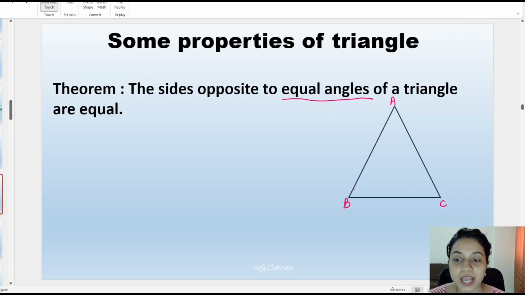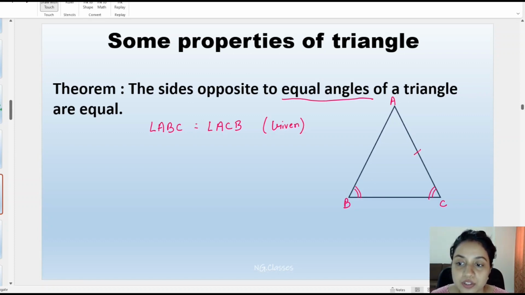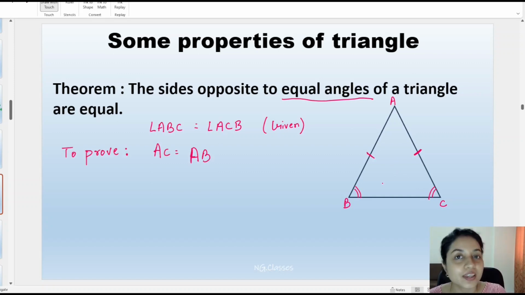Here we have angle B equal to angle C, which is already given in the theorem. So let's write it. Angle ABC is equal to angle ACB. That is already given. And we have to prove that the side opposite to equal angles, that means side AC, must be equal to side AB. Now here also we will do the same construction as in the previous theorem. So let's drop a perpendicular bisector.